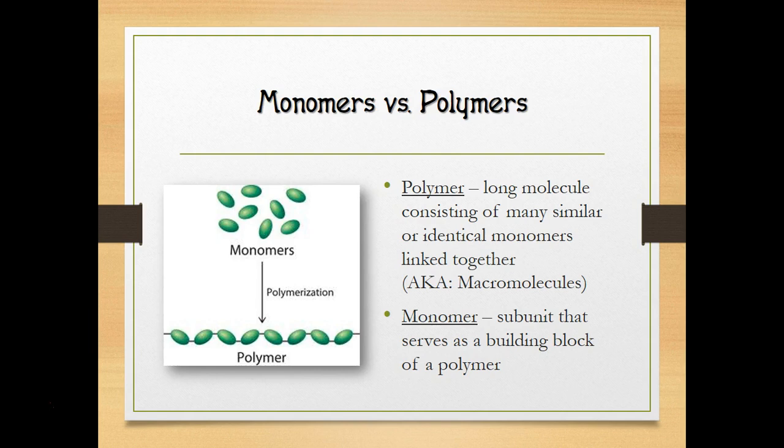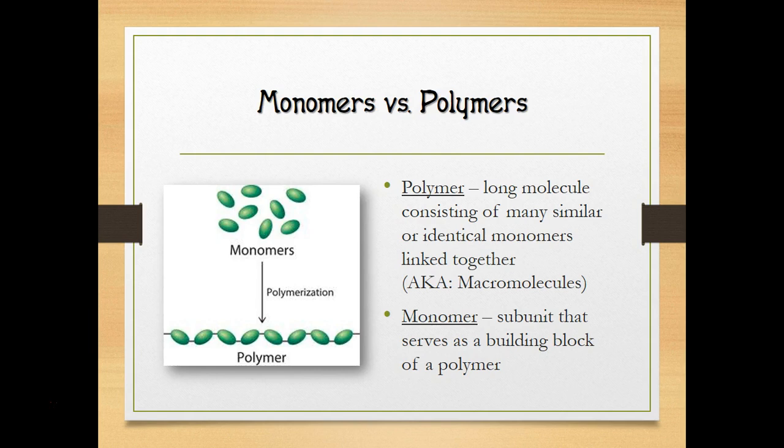So a polymer is this really long molecule. This is essentially where that macromolecule term comes from. Those polymers are made up of lots and lots of similar or potentially identical repeating units. And those units that build up those polymers are the monomers themselves. So these are your building blocks.